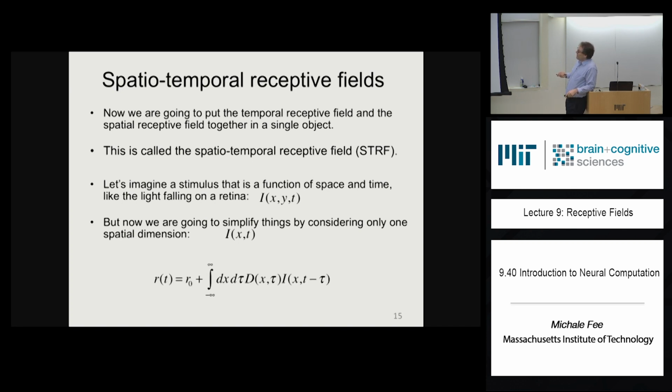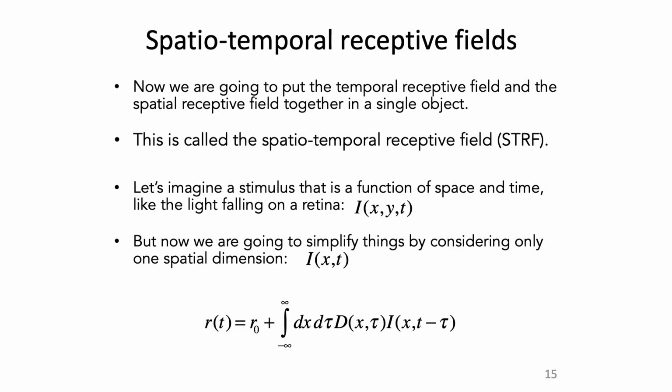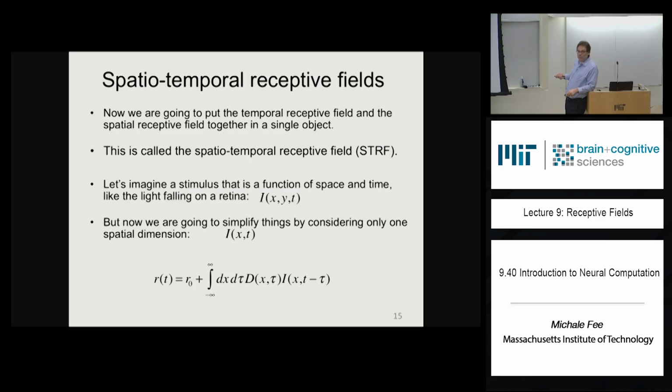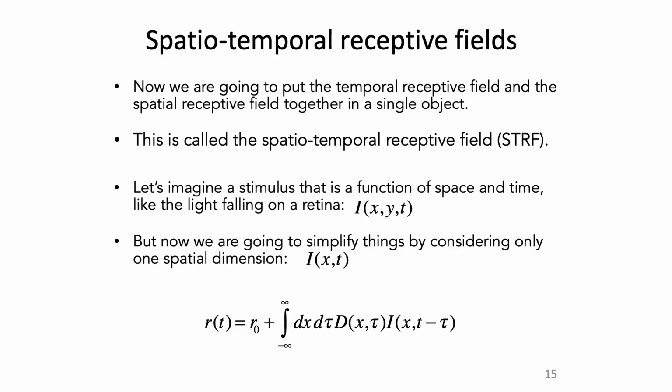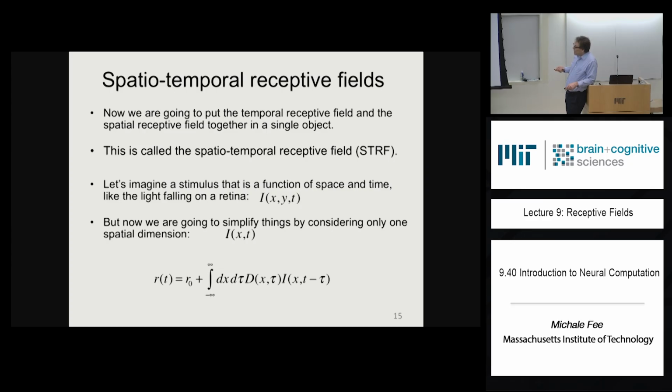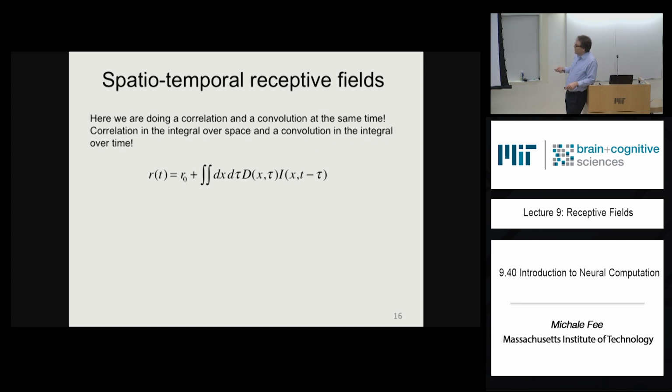So we're going to write the firing rate as a function of time as a spontaneous firing rate plus a filter D, which is a spatio-temporal receptive field acting on that intensity. Okay, and you can see that we're doing stuff in here that looks like a convolution, all right, integrating over tau. And we're also doing stuff that looks like a correlation when we integrate over x.